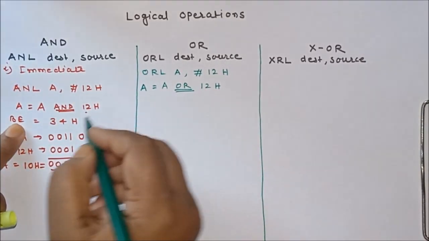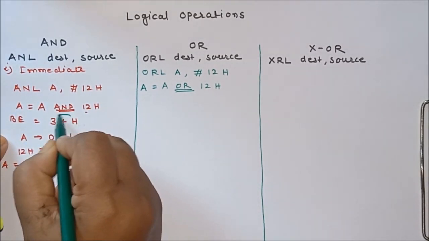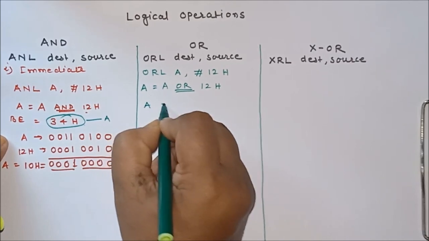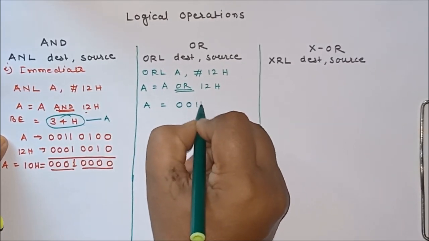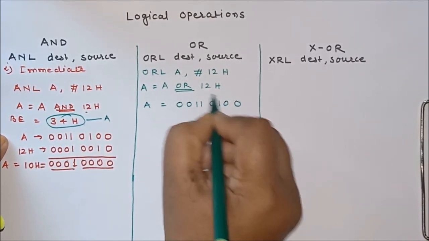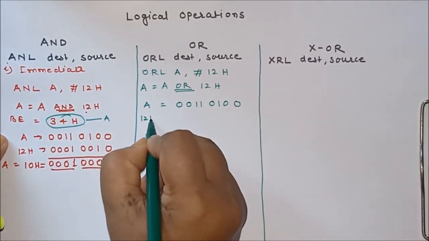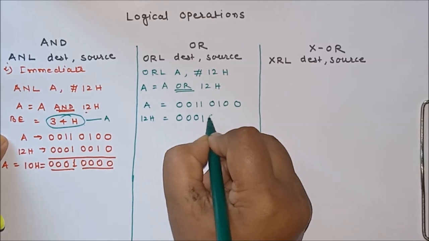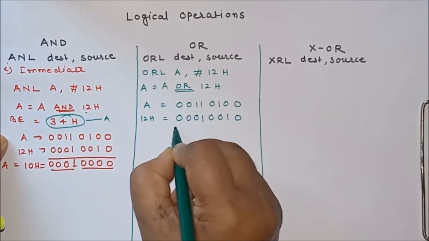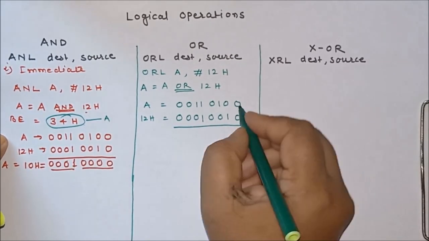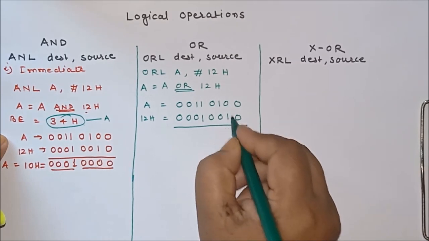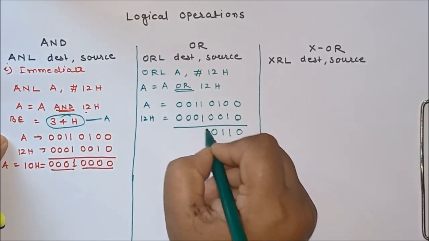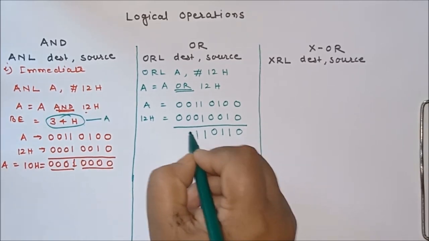Suppose before execution, 34H is stored in the accumulator. Converting to binary form, with 12H as 0 0 0 1 0 0 1 0, the OR operation is performed. 0 OR 0 is 0, 0 OR 1 is 1, and we get 0 0 1 1 0 1 1 0.